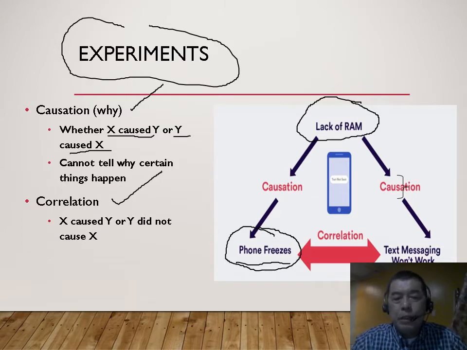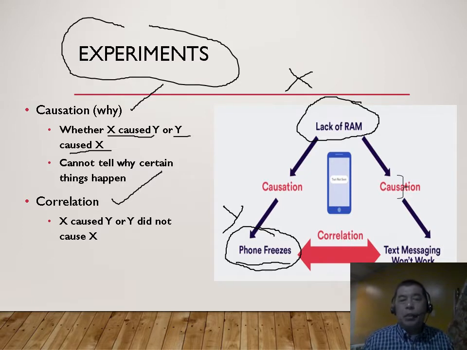So, this might be the Y and this is the X. Because of the inadequate memory of the RAM, the effect is frequent freezing of the phone. It hangs up, right?